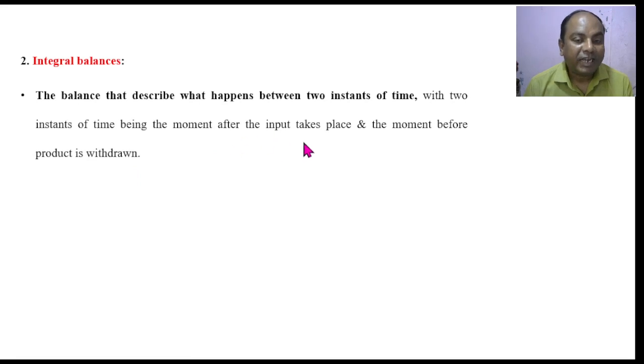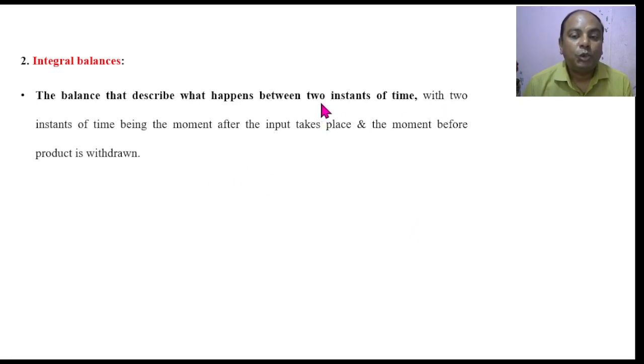That means, once the matter or the mass enters into the system and before it leaves the system, what exactly happened with the mass in the system, that we want to determine here.